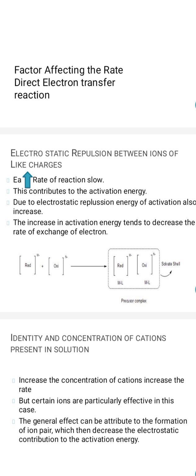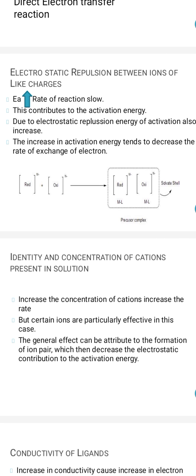When electrostatic repulsion between the reductant and oxidant is increased, the activation energy is also increased, and when this repulsion is decreased, the activation energy also decreases. Now we will discuss the identity and concentration of the cation present in the solution.